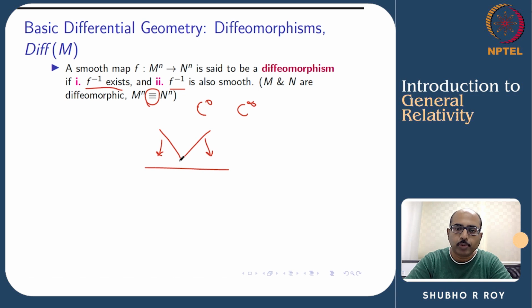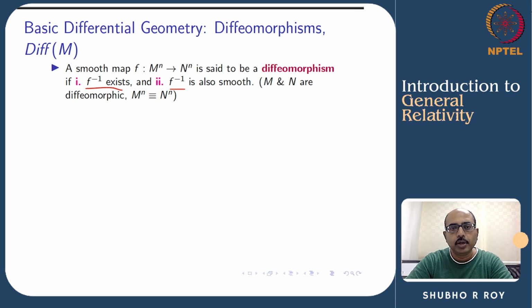But these two are not diffeomorphic because the derivative at this point is indeterminate. On the other hand, the derivative at the image point is not. So this V-shaped segment cannot be smoothly deformed into the real line. It can be continuously deformed, but not smoothly deformed. So these two are not diffeomorphic, but they are definitely homeomorphic.